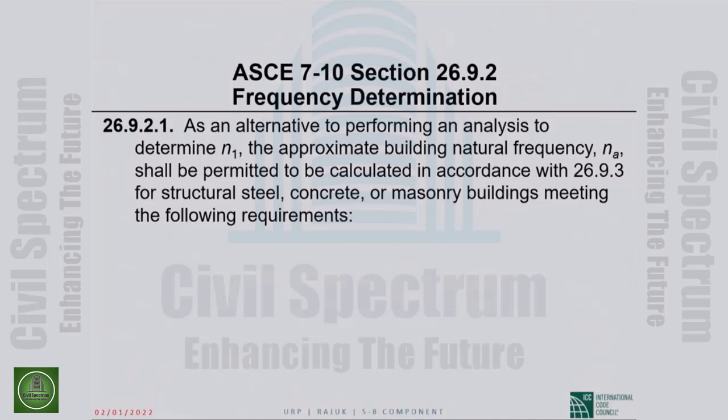Instead of calculating n sub 1 by eigenvalue analysis, as we call it, by sophisticated analysis on the computer, you are allowed to calculate an approximate frequency n sub a by using formulas that are given in ASCE 7-10. As an alternative to performing an analysis to determine n sub 1, the approximate building natural frequency n sub a shall be permitted to be calculated in accordance with section such and such.